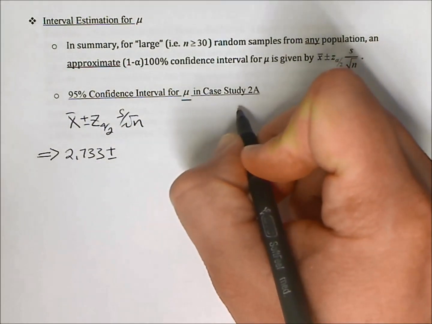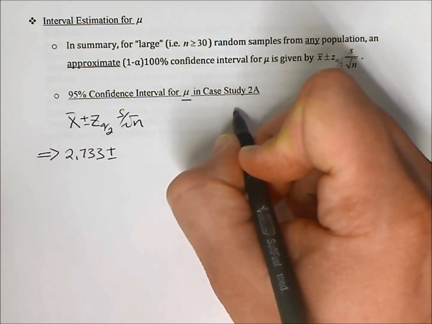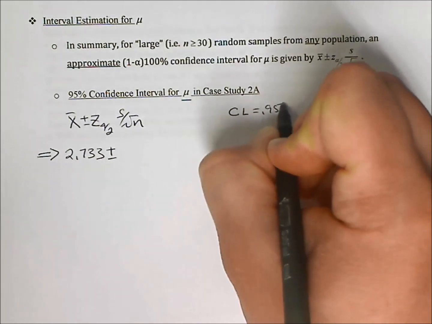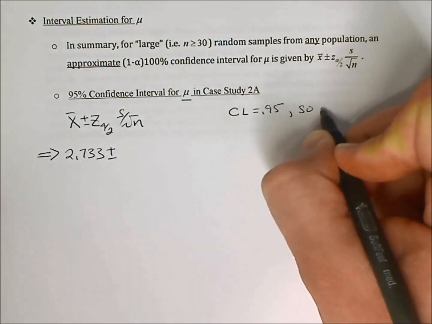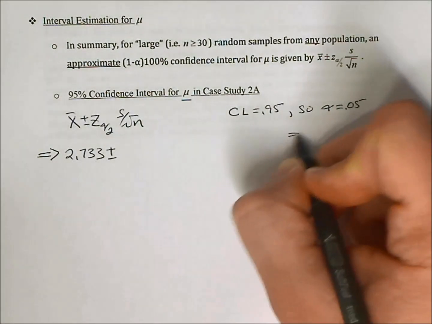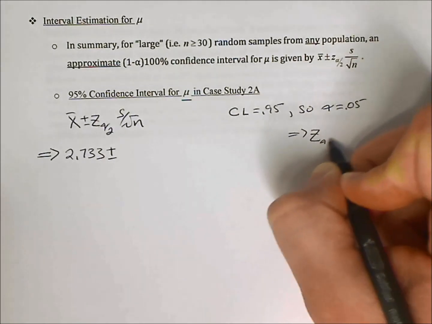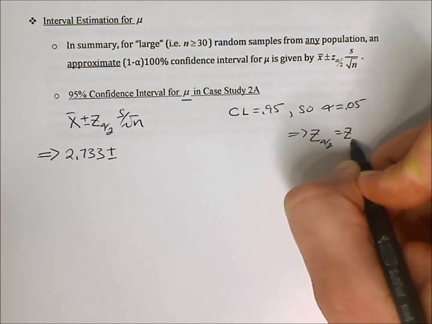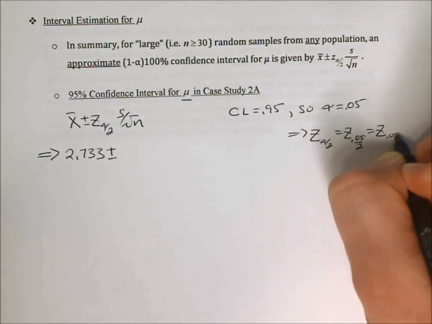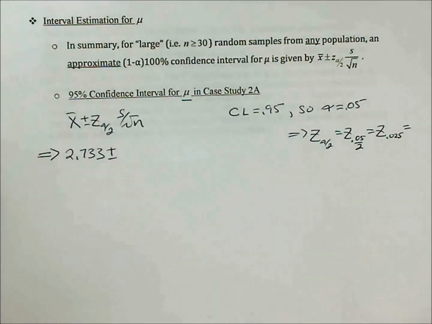Well, we have a 95% confidence interval, so our confidence level is 0.95. So the alpha then is 0.05. So z sub alpha over 2, or z sub 0.05 over 2, z sub 0.025 is, what is that?